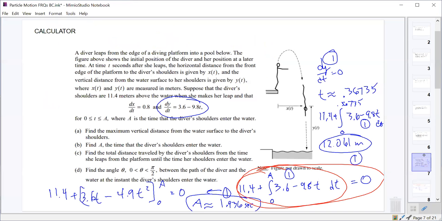And so if we go back to our picture and we think about this, the shoulders entering the water here make some sort of angle with the water here, right?